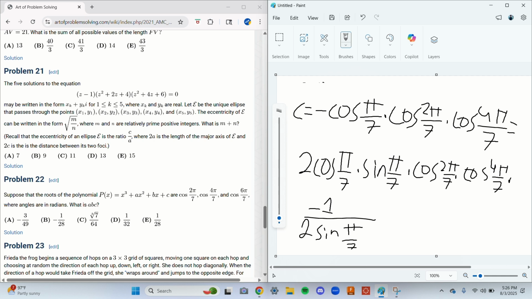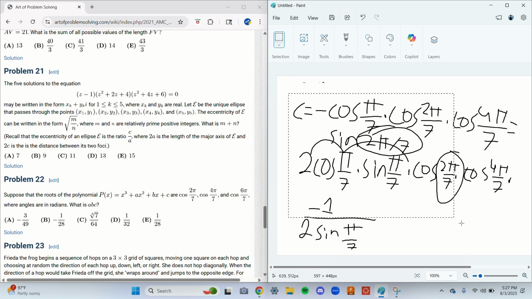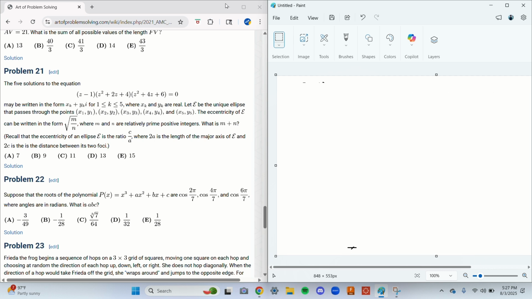And this evaluates basically to sine of 2 pi over 7. Aha, so we have a sine of 2 pi over 7 here, and we have a cosine of 2 pi over 7 here. So we can keep applying the double angle formula over and over again, and then we're just going to get a fraction and a sine on top, and then we can probably simplify that a little bit more. So let's do that now.